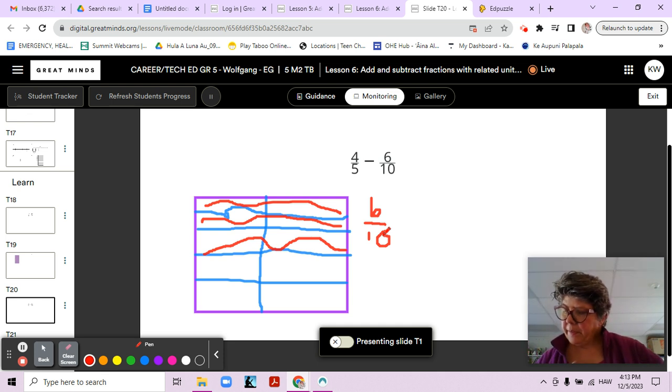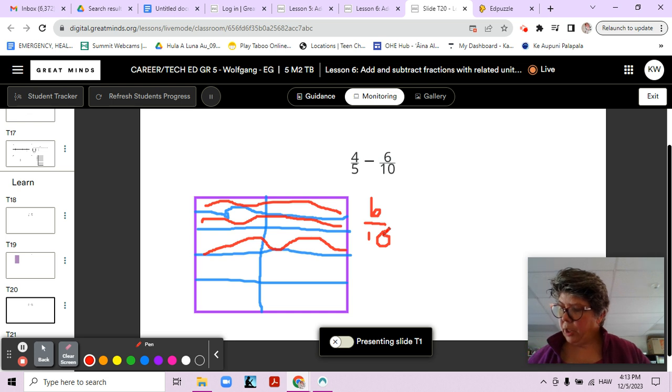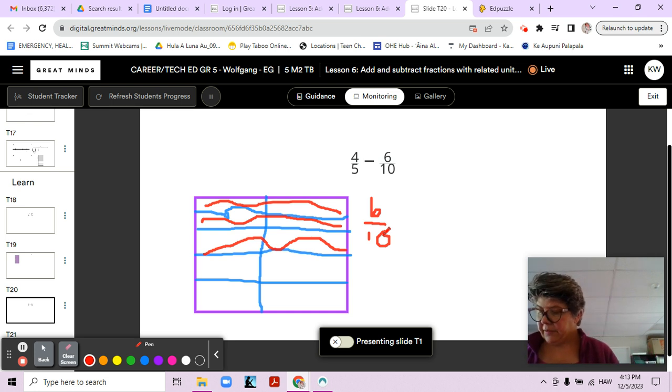When we rename a fraction, we need to think about how many equal groups we need. If we want to rename tenths as fifths, we need to compose, that means put together, equal groups of tenths, and then use the groups to help us rename the fifths. Do you see some fifths in the model?